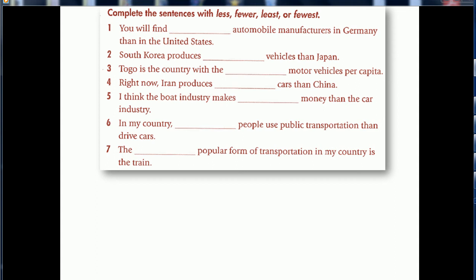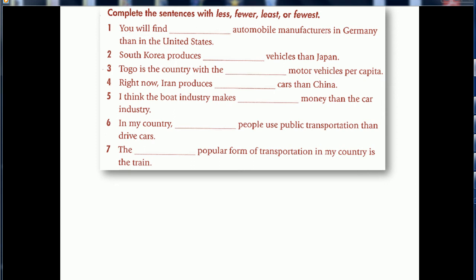You can fill in the blank by using: you will find less automobile manufacturers in Germany than in the United States. And so on, you're going to read the sentences and then decide which word matches better. Okay, so you have 7 sentences to practice.